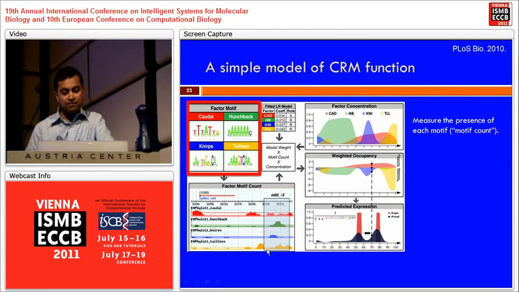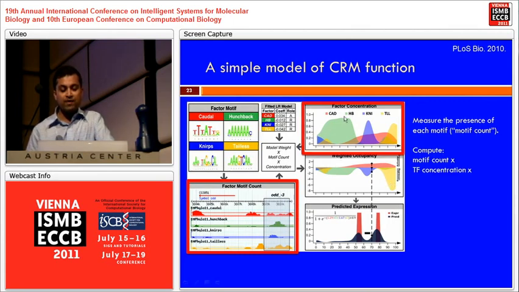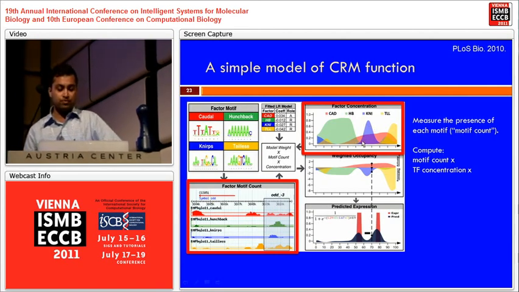Once we have a motif count, we then multiply the motif counts with the factor concentration profiles. So these are the transcription factor concentration profiles which I mentioned earlier. Some of them are in the form of gradients. Some of them are sharp regions of expression.